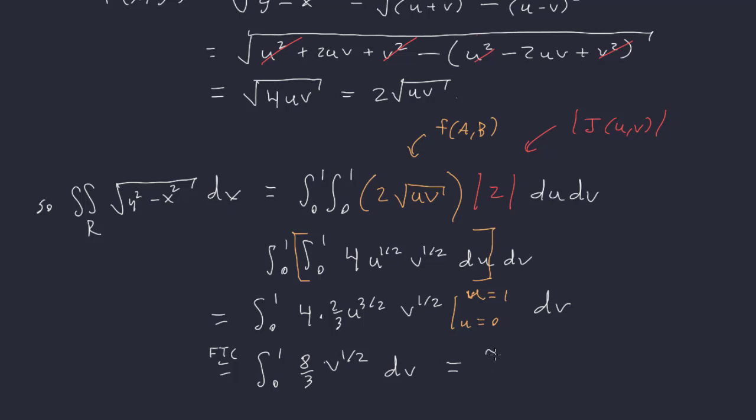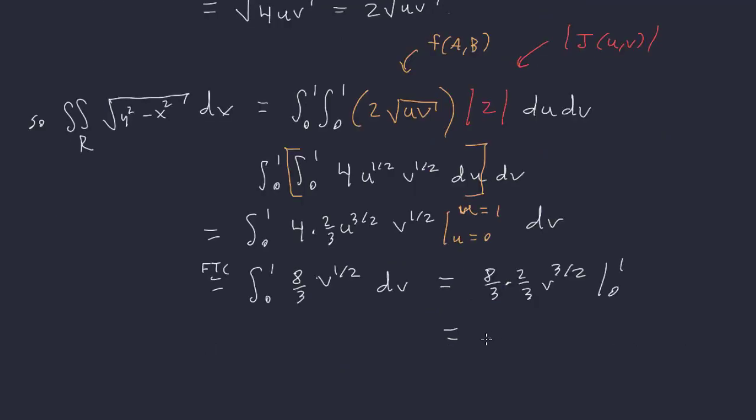We'll get 8/3 times 2/3 v to the 3/2, and we'll evaluate that from 0 to 1. Since we're just plugging in the 1 and the 0, that will come out to be 16/9.